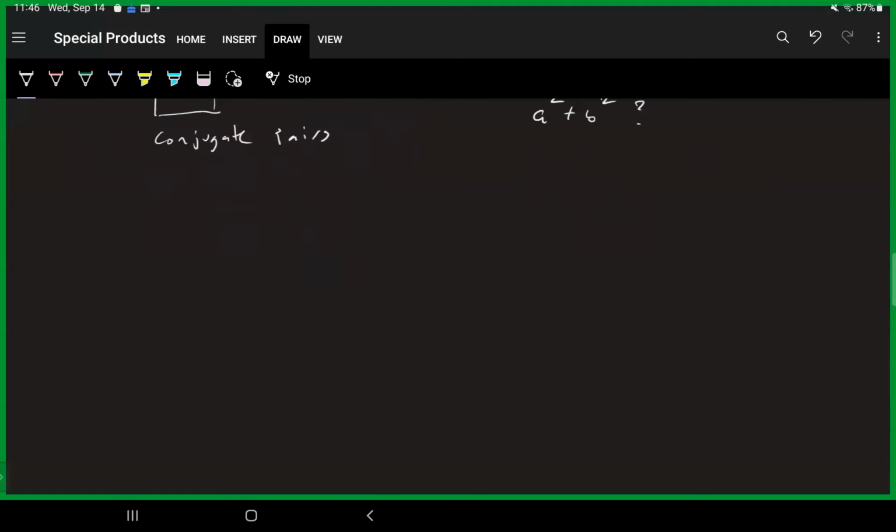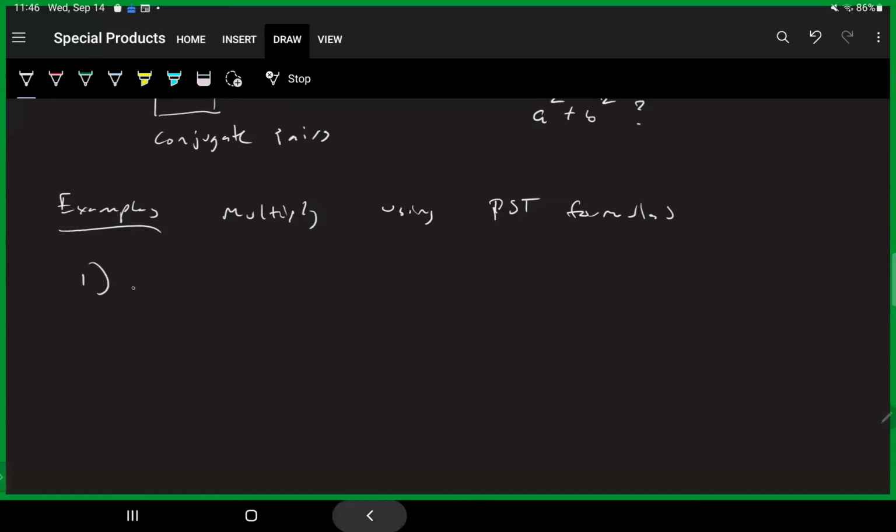Let's look at some examples. If we're told to use the perfect square trinomial formulas, and I abbreviate that as PST, we should use those.